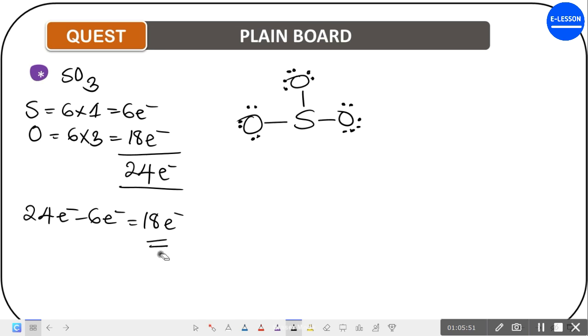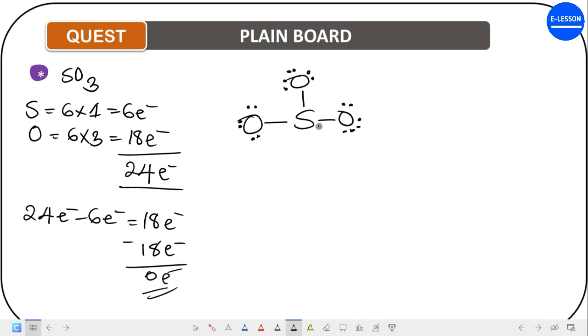So 6 times 3 gives us 18, the electrons we use to fill the terminals. We subtract: 18 electrons minus 18 leaves how many? 0 electrons. So there is no electron to put on the central sulfur atom. Is that okay?